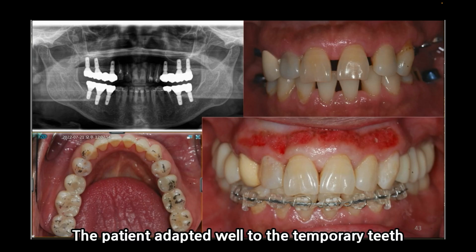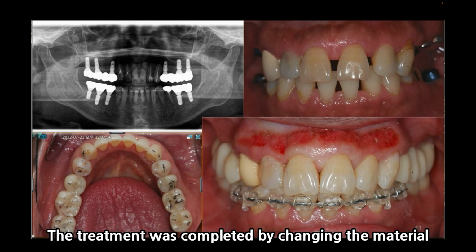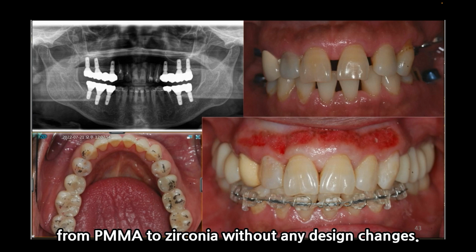The patient adapted well to the temporary teeth during orthodontic treatment and was satisfied. The treatment was completed by changing the material from PMMA to zirconia without any design changes.